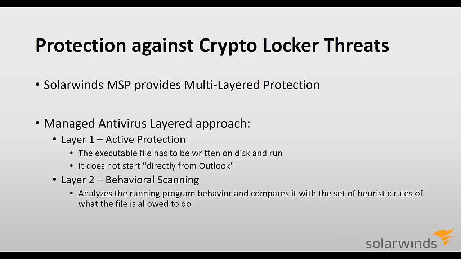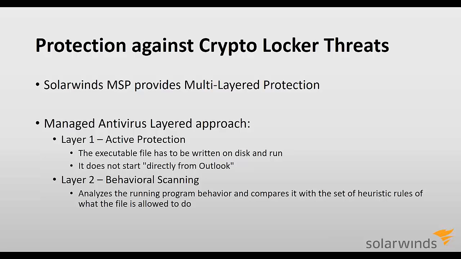I can definitely provide you the slide deck, Frank, and you can go over the slides one more time. We have active protection and behavioral scanning to protect ourselves or our end users from CryptoLocker threats specifically. We have a multi-layered approach. Active protection helps us.